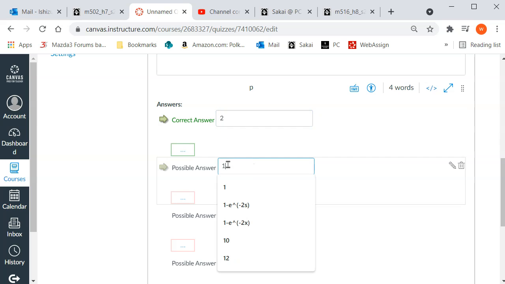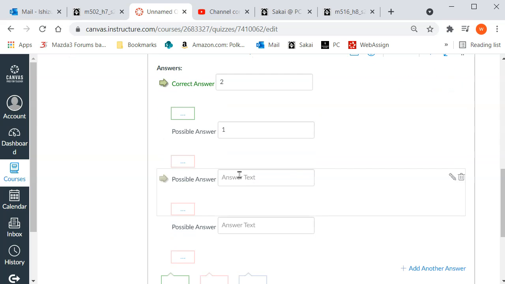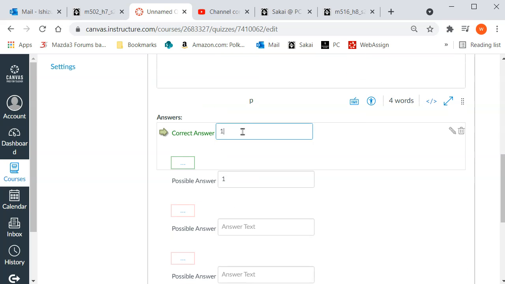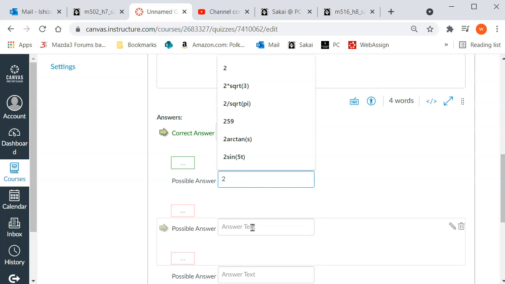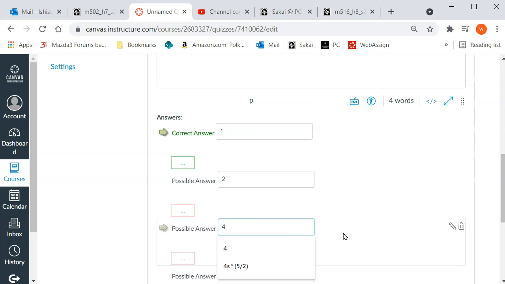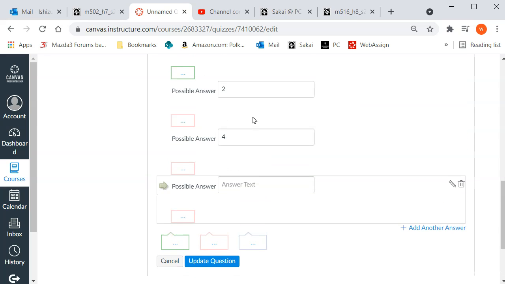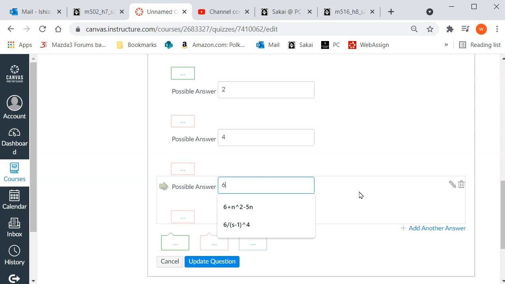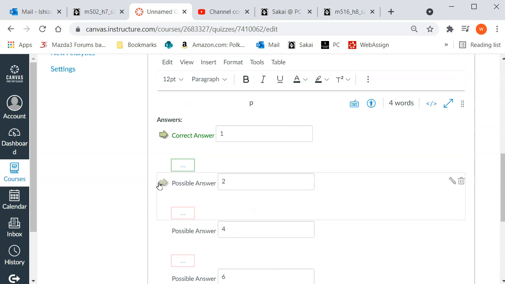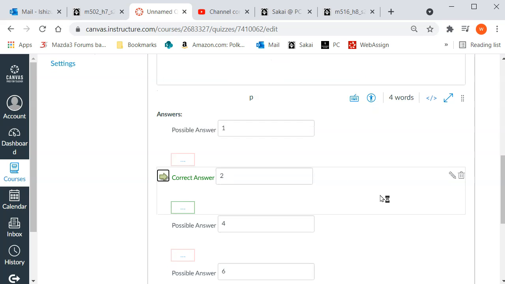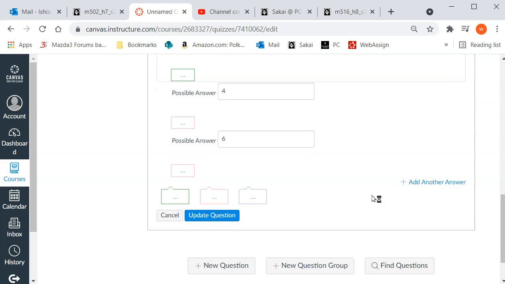And 1, actually, maybe I'll put 1, and 2, 4, 6. So I just type in the possible answers, and the only prime number in this case is actually 2. So you put the arrow there to indicate the correct answers.